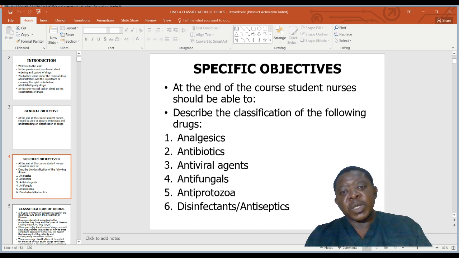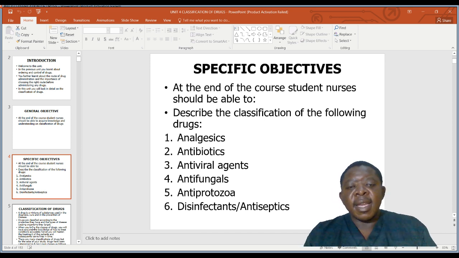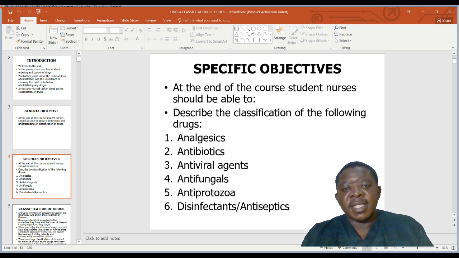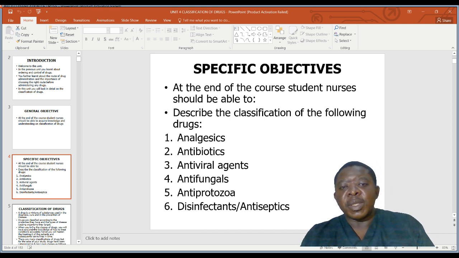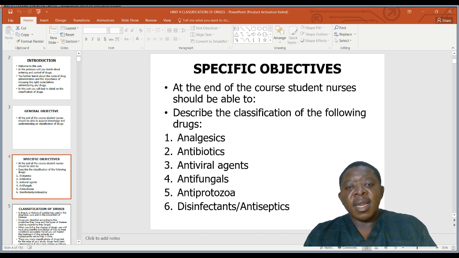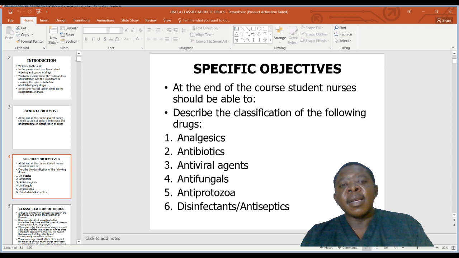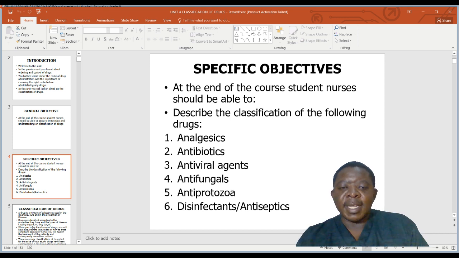What you need to know is that analgesia: an, absence, algesia, sensation. So the absence of sensation, pain. This is what we call analgesia. Anti means against, bio is life, so against microbial life. Anti against the viral agent, that is virus.